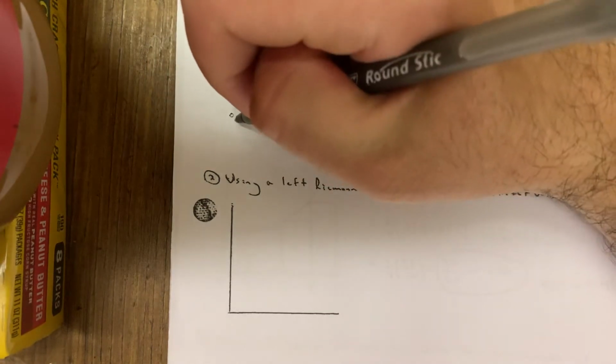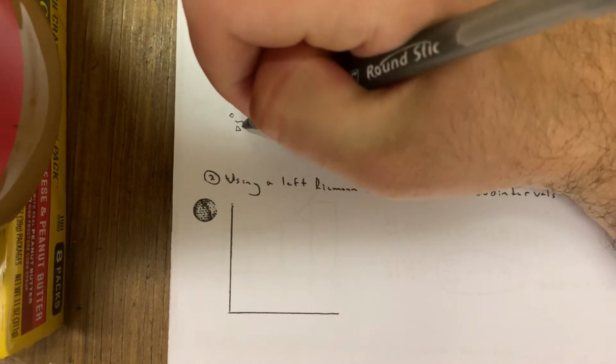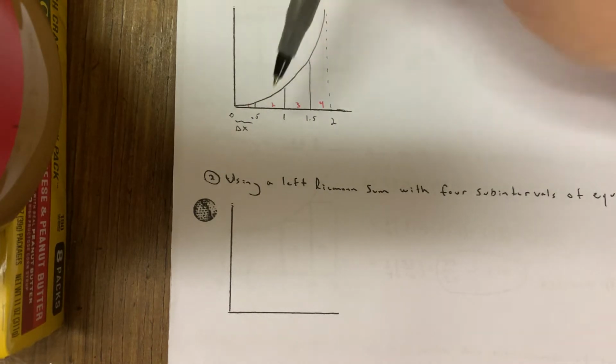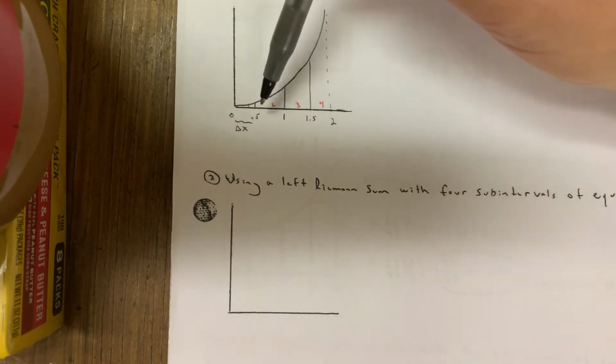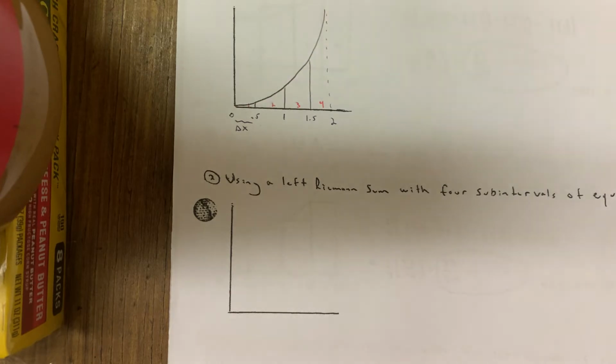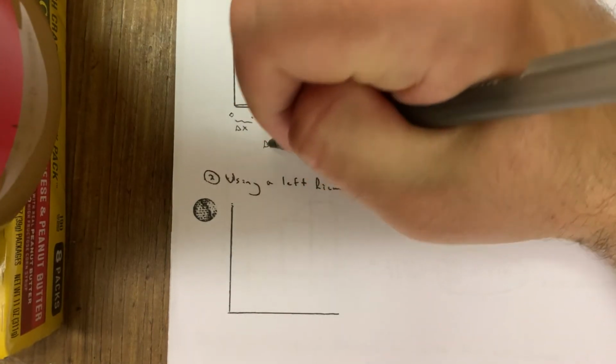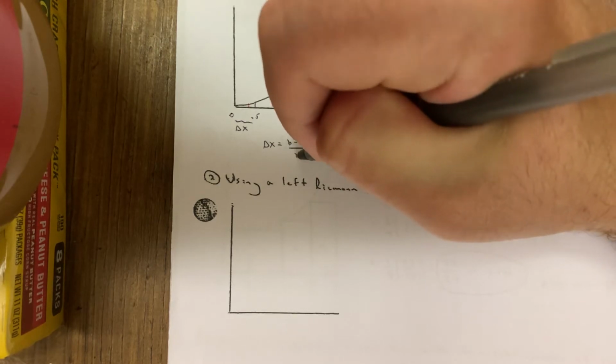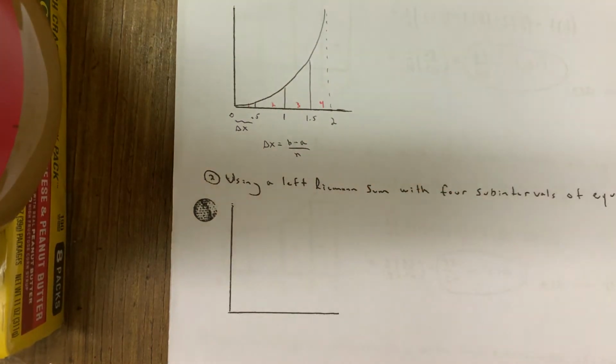This is actually known as delta x. It's just the change in the x values. Had the x values changed from 0 to 0.5, they went up by 0.5. Had the x values changed from 0.5 to 1, they went up by 0.5. There's a formula for delta x, okay? And delta x is always going to be upper bound minus lower bound divided by the number of subintervals. It's going to be b minus a over n.